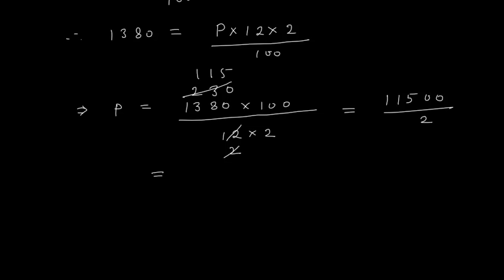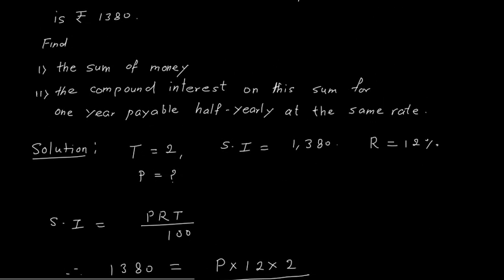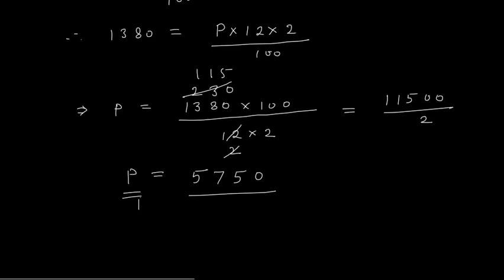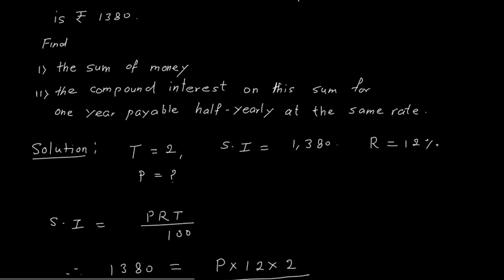So 2 5s are 10, 1 carry, so 15, 2 7s are 14, again 1 carry, 2 5s are 10. So 5750 is the principal. So we got the value of P. Therefore the sum of money is rupees 5750.